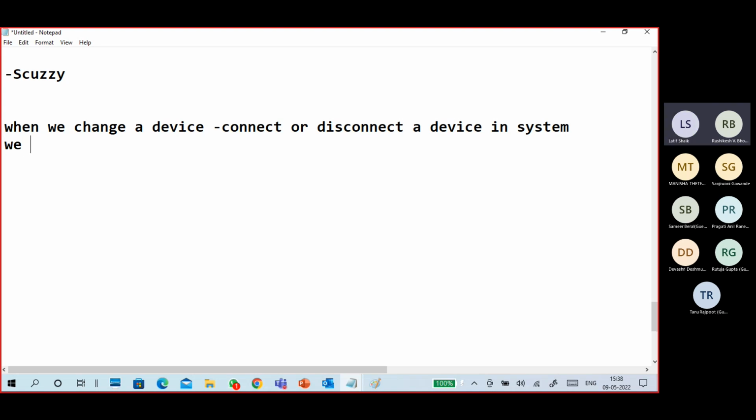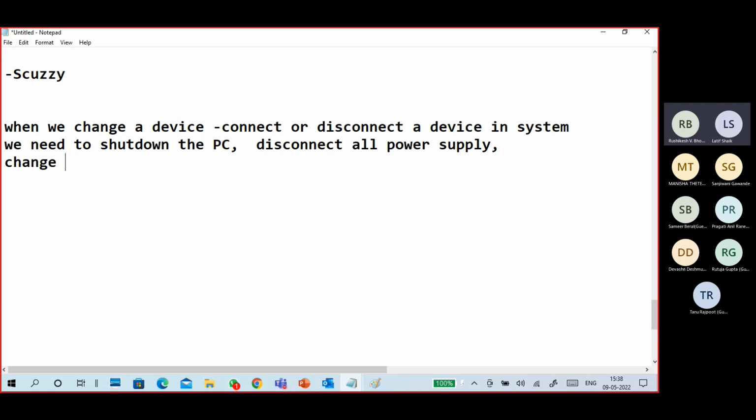Okay, we need to shut down the PC, disconnect all power related supplies, then change the device, or connect or disconnect a new device.